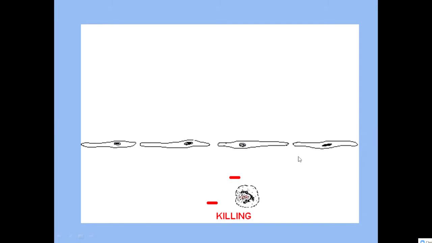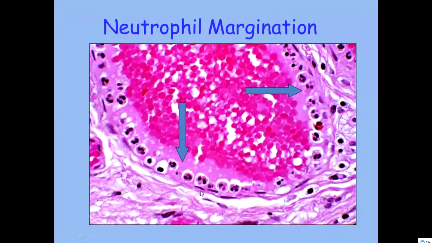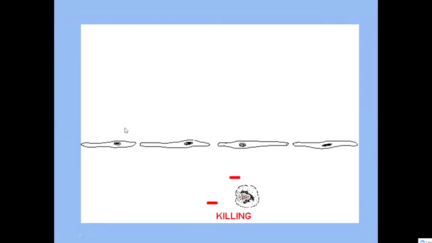Chemotaxis is attraction of the neutrophil by chemokines or lymphokines to the site of inflammation. This is the site of inflammation. Here is a bacteria, and the neutrophil has come and engulfed the bacteria through the process of phagocytosis.